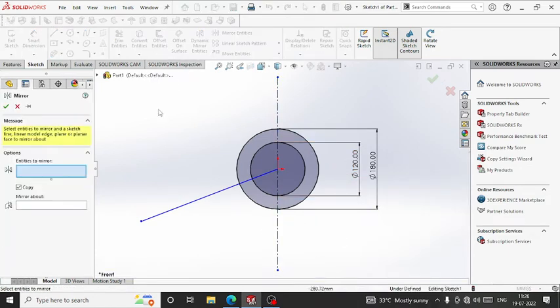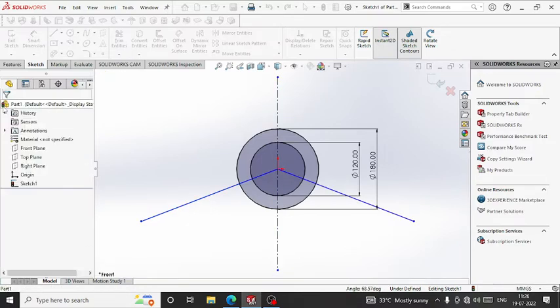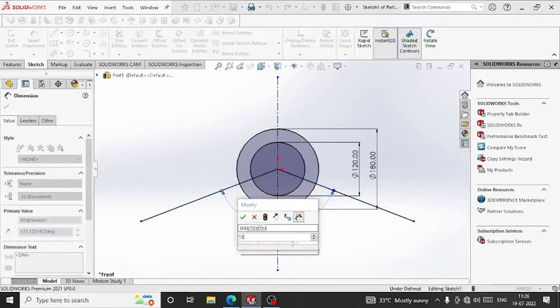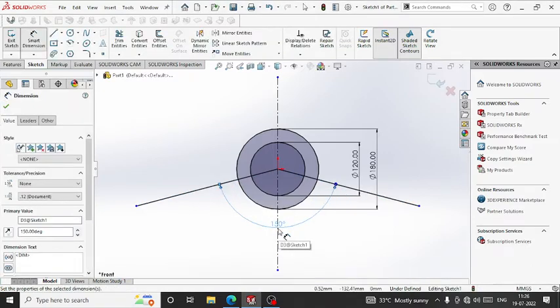Take mirror. Mirror about this center line. Okay. Smart dimension. 150 degrees. Okay.